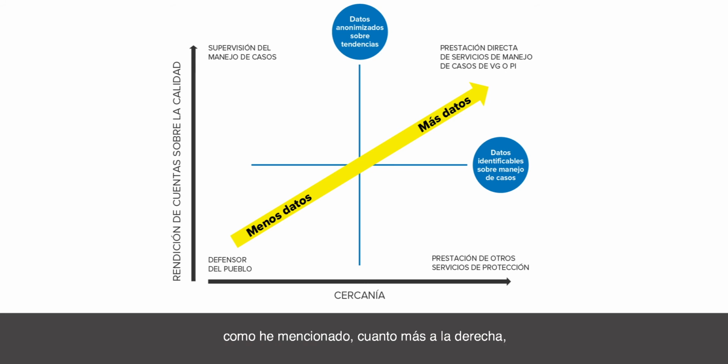As I said, the things that are more to the right are more around direct service provision, requiring you then to have more information that is specific to individual cases, such as an individual's name if I'm going to be providing services to them, or specific best interest assessments or BIDs. So those types of information needs are going to be greater if you are placed more on the right in terms of your functions.